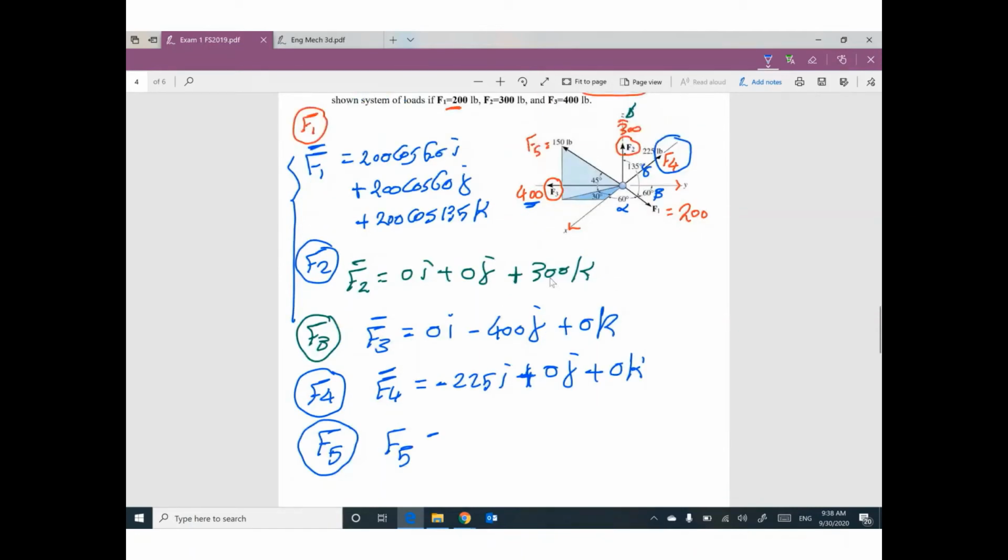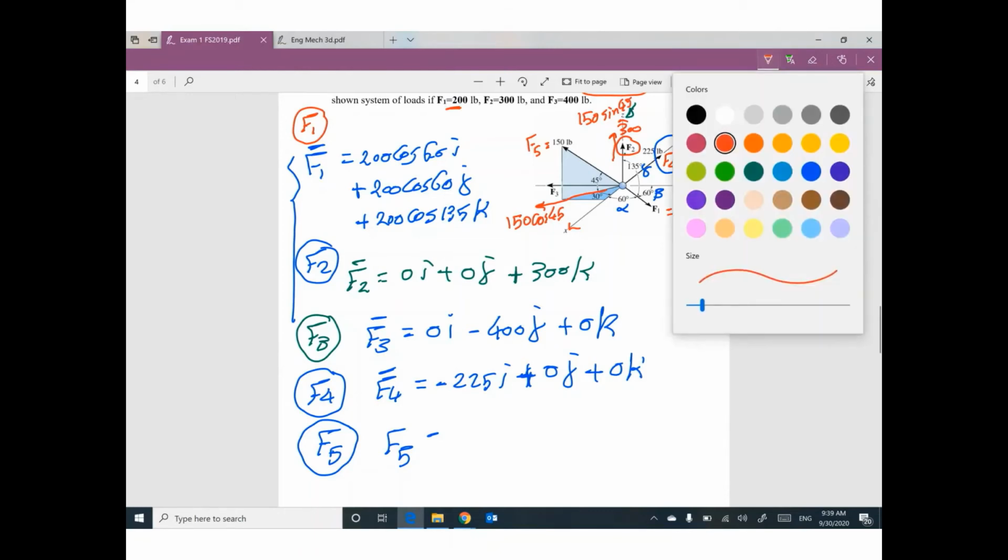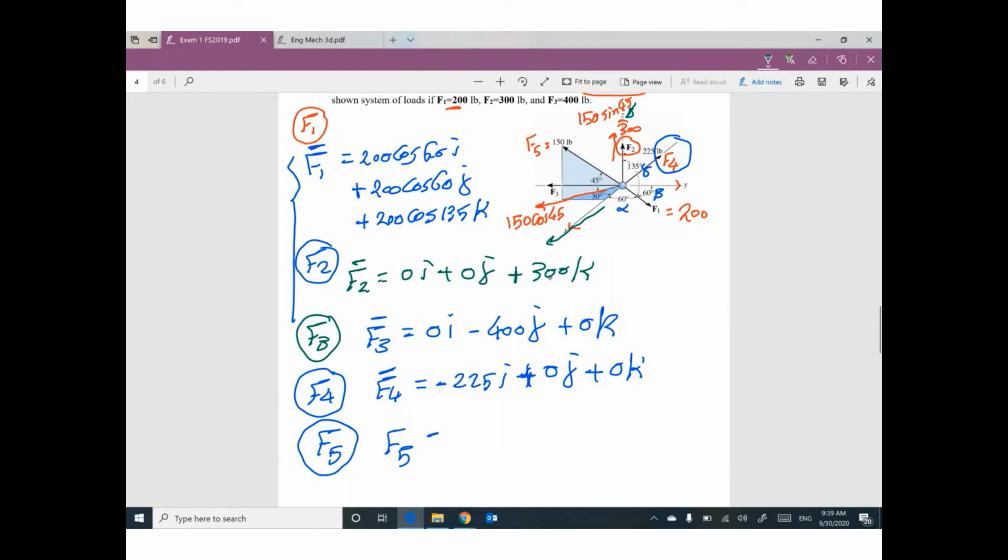So F5, wow. For F5 we have something called a projection line. Do you remember that? Let's do it here for you. For this projection line, I will have 150 cosine 45, and in z I will have 150 sine 45. This projection line will be divided in x by cosine 30.